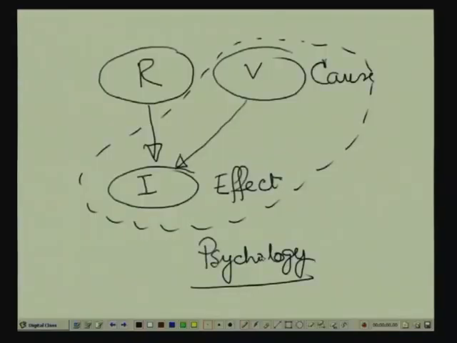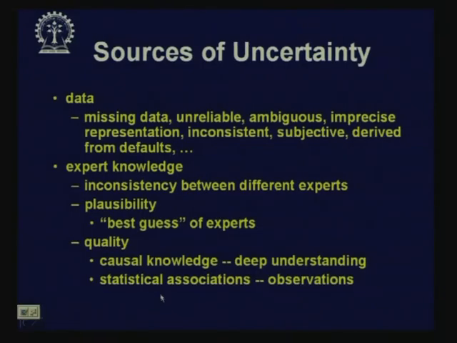So we cannot make a very strong causal commitment over there. Instead, in many cases where the causal knowledge or the deep understanding is not available, we go through statistical associations, which are observations. So, we look at several cases and based on that we carry on our decisions.